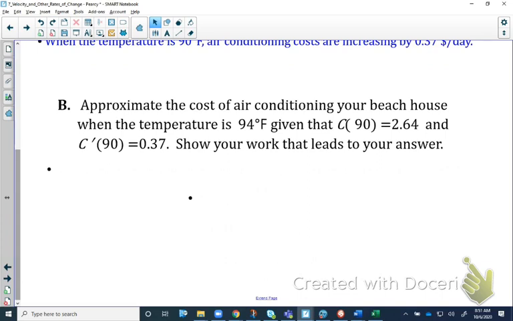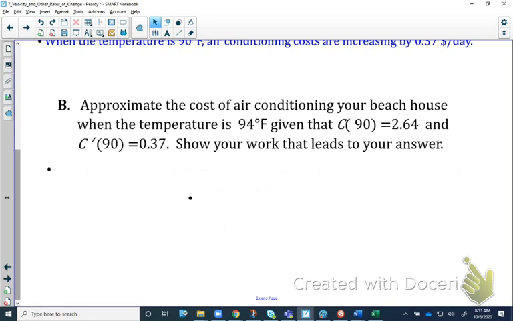I probably wouldn't think of it in terms of a beach house because you may not be using it every day, but think about how hot it is here in South Texas during the summer, with triple digit temperatures and heat indexes of like 110, 113. Those air conditioning costs are going to skyrocket at that point.